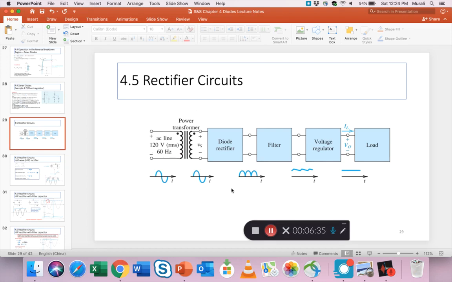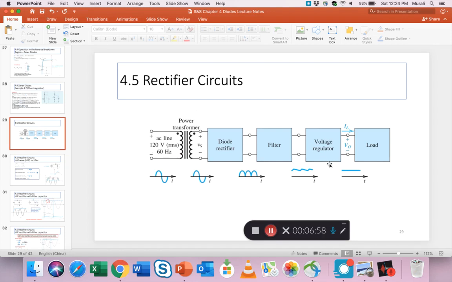So you need to filter it, and filtering gives us a much improved DC. It's still not perfect, it still has some ripple, but it's still a lot better than what comes out only from the diode rectifier stage.